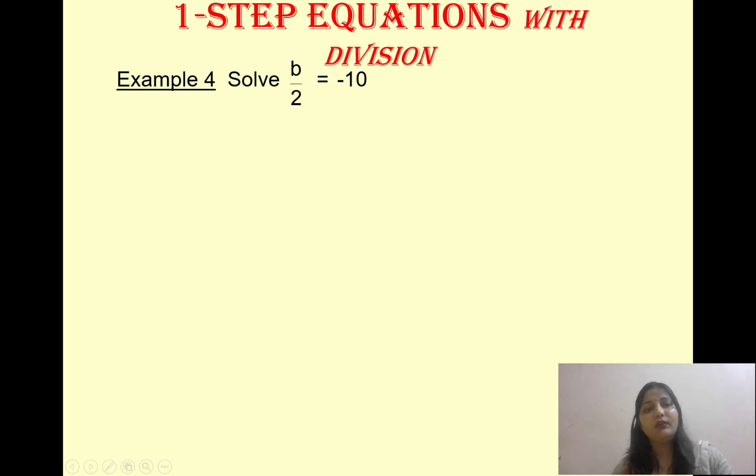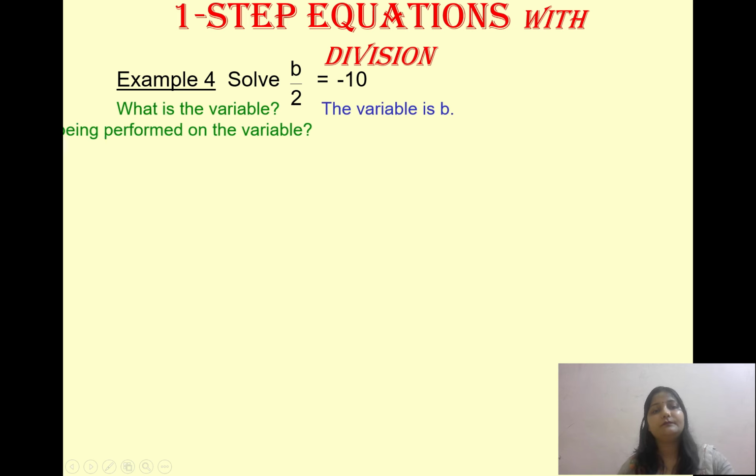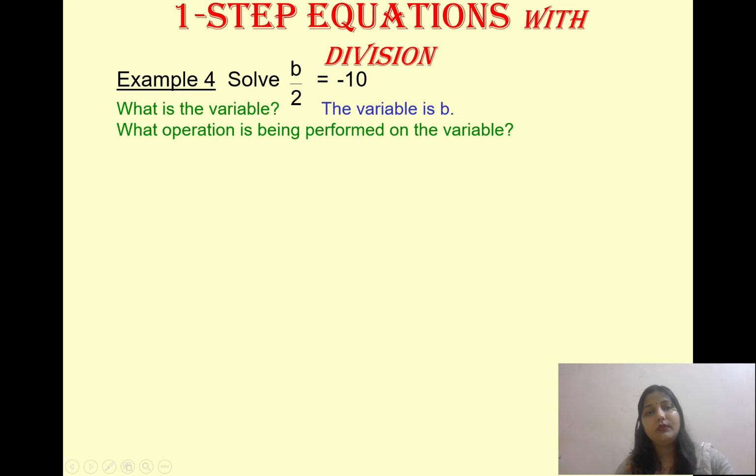First of all, either you multiply 2 with both sides, or if you don't want, you have to cross multiply. You will get the answer of b.